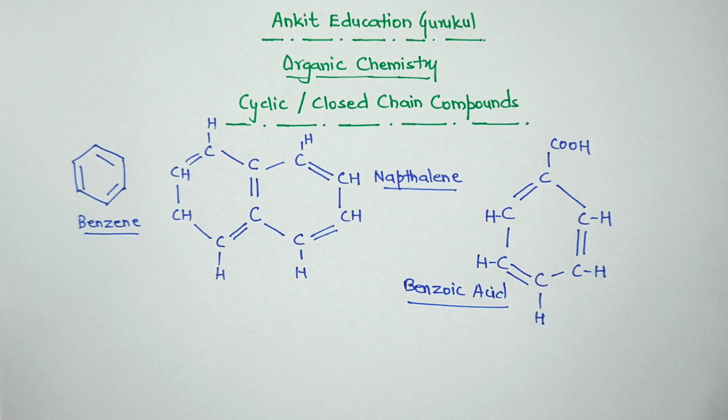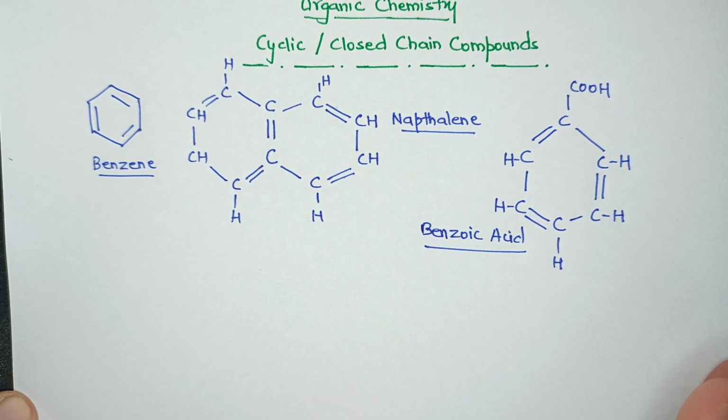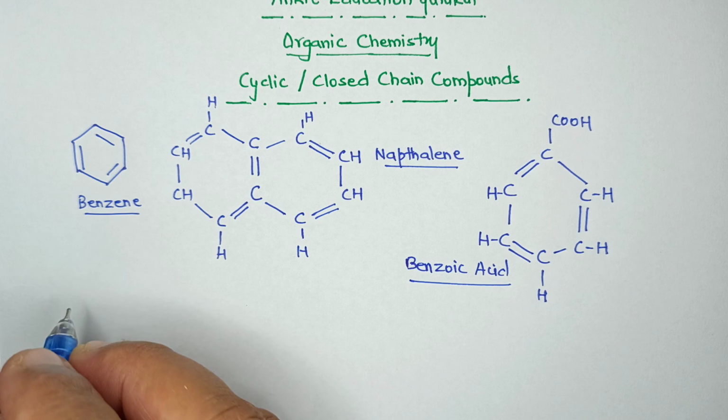So basically, what are cyclic or closed chain compounds? Let me write the definition here.